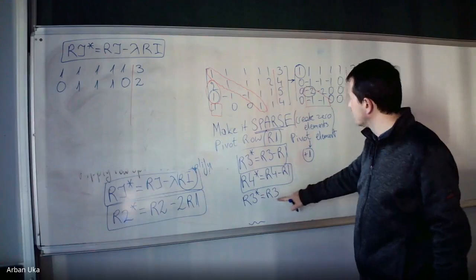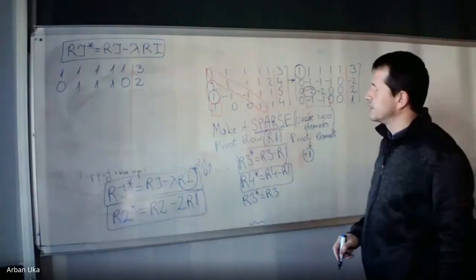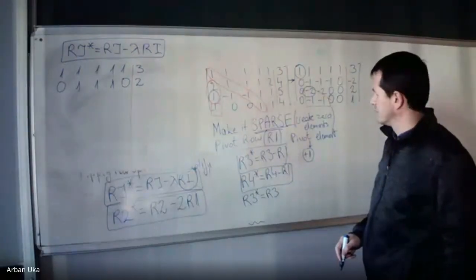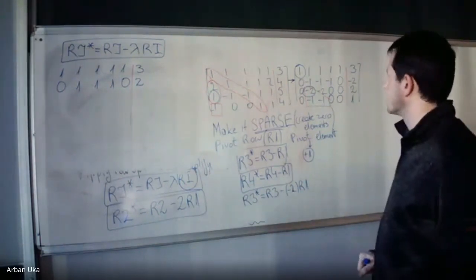Row 3 star is equal to row 3, then what? Or you can write like this, it's plus 2R1, right? Let me see. Yes.